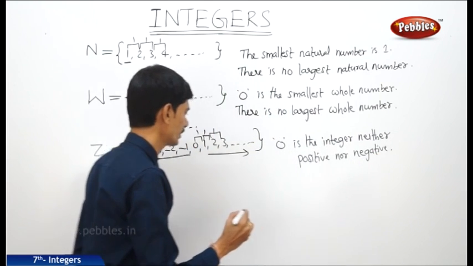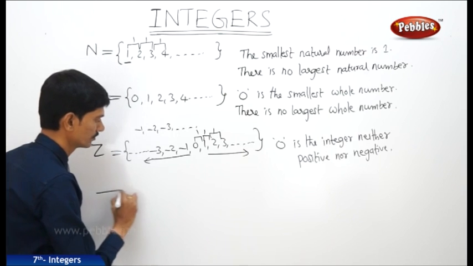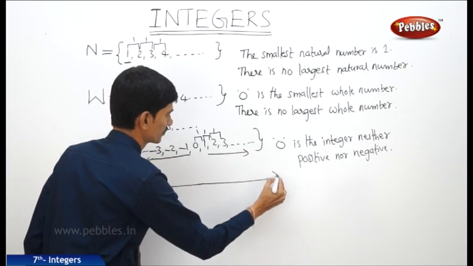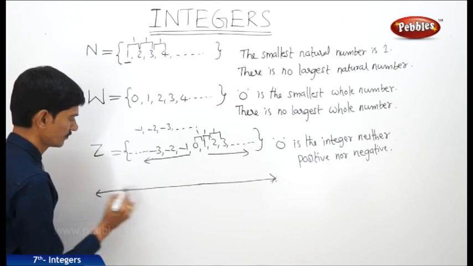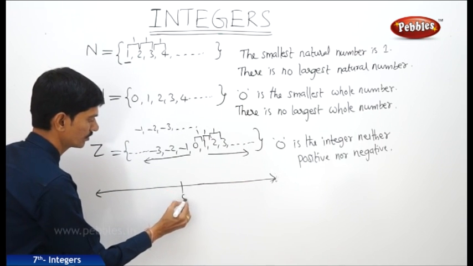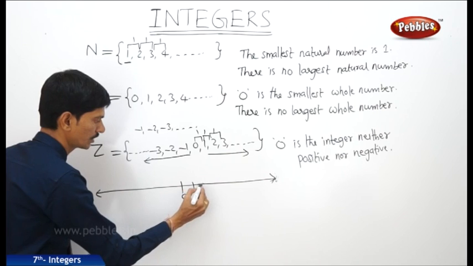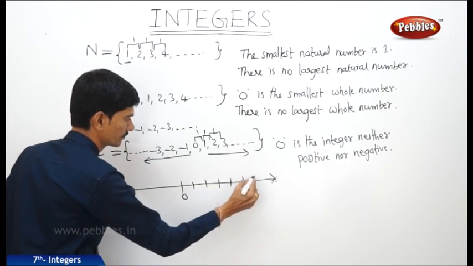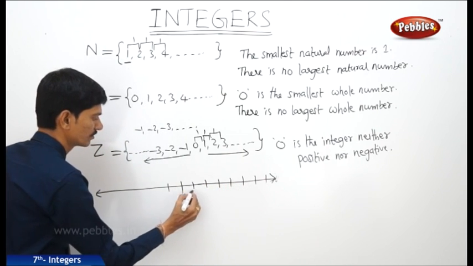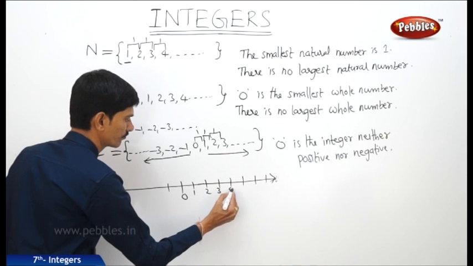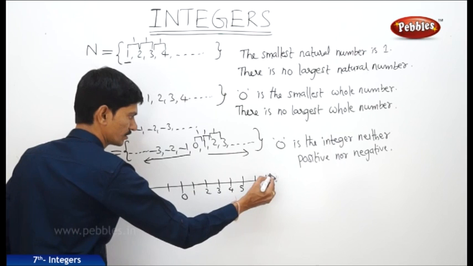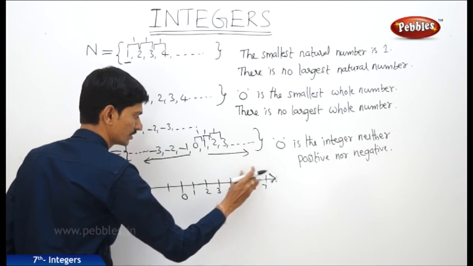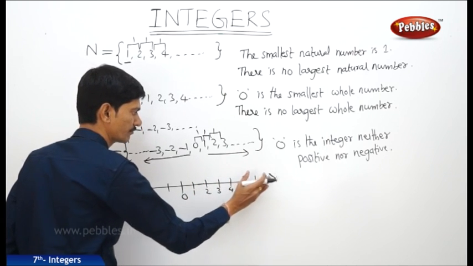Now if you represent the integers on the number line, in the middle we take 0, and to the right side of 0 we take positive integers with equal intervals. So 1, 2, 3, 4, 5, 6, 7 and so on. This arrow mark represents that this number line can be extended indefinitely.